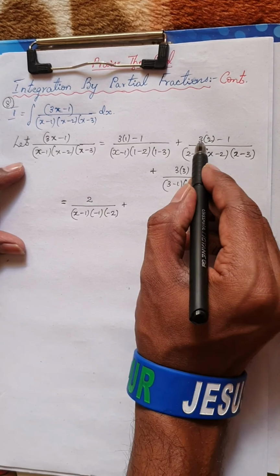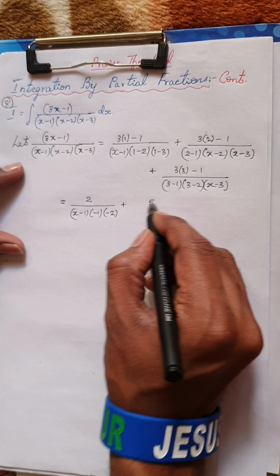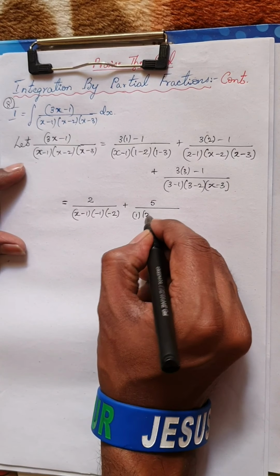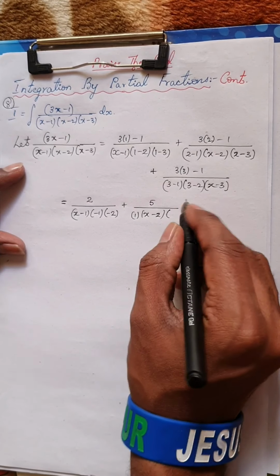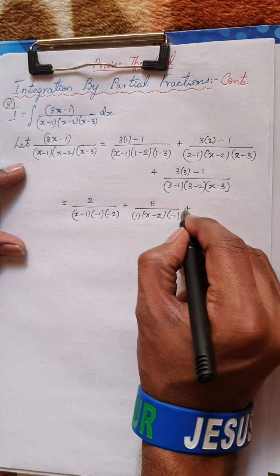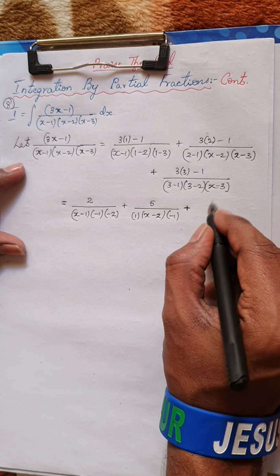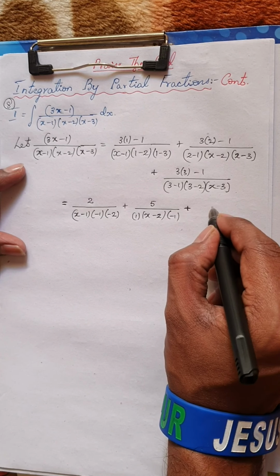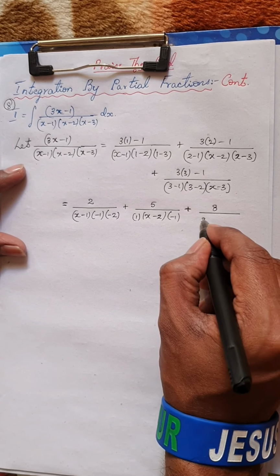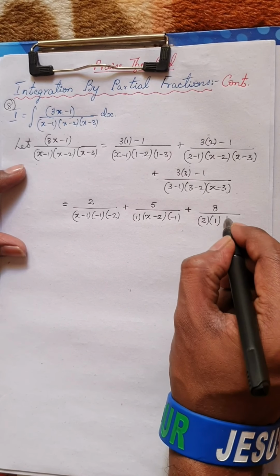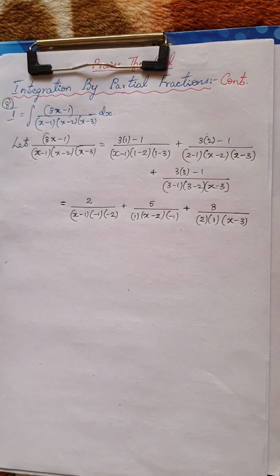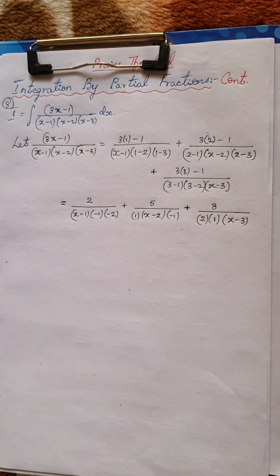Plus 2 3s are 6, so 6 minus 1 is 5 divided by, now again 2 minus 1 is 1, this is x minus 2 as it is, and 2 minus 3 is minus 1. Plus 3 3s is 9. What is 9 minus 1? 9 minus 1 would be 8 divided by 3 minus 1 is 2, 3 minus 2 is 1, and this term x minus 3 as it is. Now we are going to further simplify this.